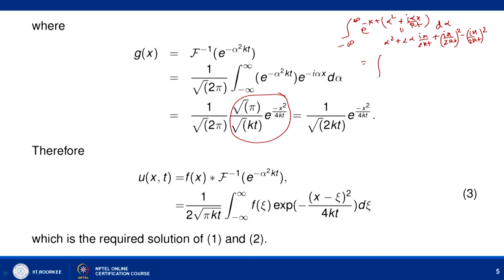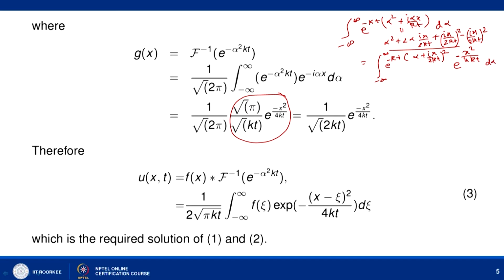So, I can write this as integral from minus infinity to infinity of e to the power minus k t. Now, this part I am writing as (α plus i x upon 2 k t) whole square, and what is left here? It is e to the power, minus and minus plus, and then i² will come out, so it is minus x² upon k t, and one k t will cancel out, so we have 4 k t dα.